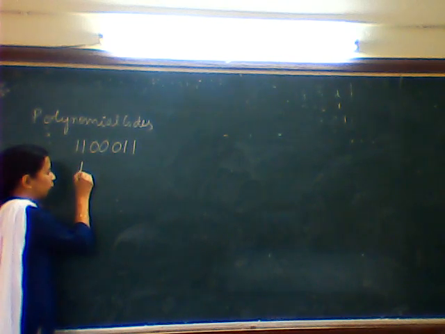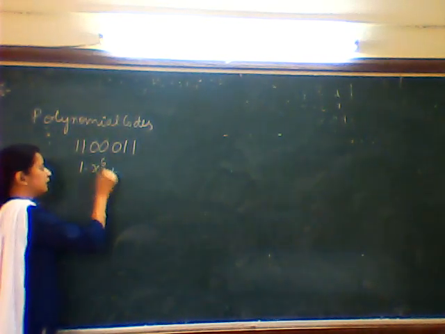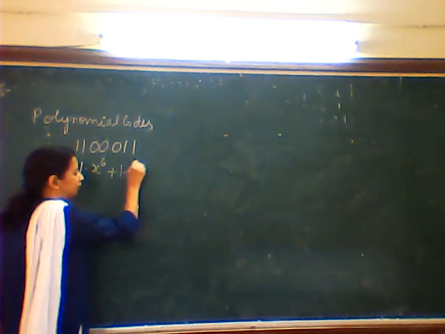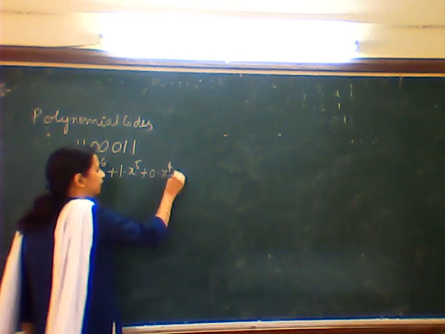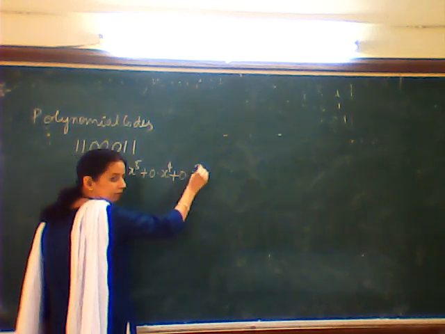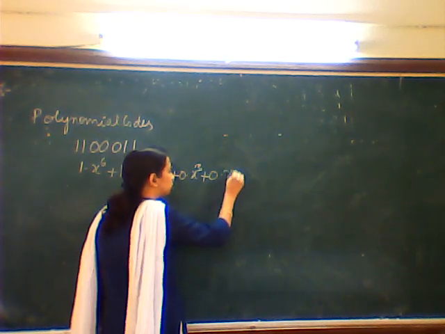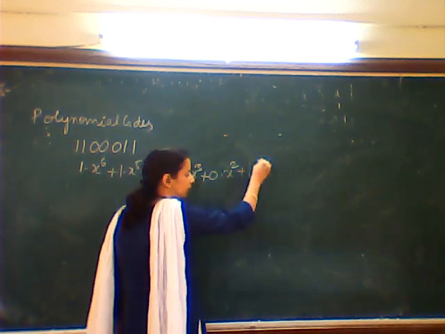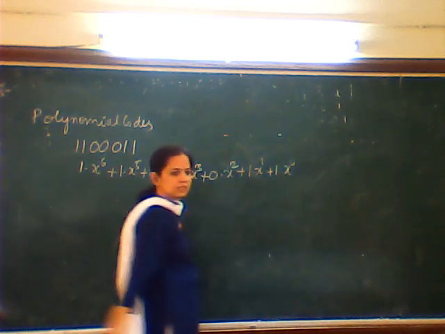So how do we take it? 1 into x to the power of 6 plus 1, the next one, into x to the power of 5 plus 0 into x to the power of 4 plus 0 into x to the power of 3 plus 0 into x to the power of 2 plus 1 into x to the power of 1 plus 1 into x to the power of 0.